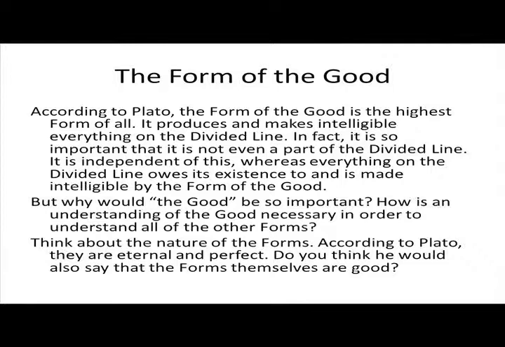The desk isn't really the perfect desk. It never will be. Nothing in the visible realm will ever be perfect. But insofar as they're good, they're aspiring towards that perfection. And perhaps we could come up with a very clear account of what a good desk would be, or what a good horse would be. But as far as describing what good is itself, this is something he thinks just has to be seen directly.